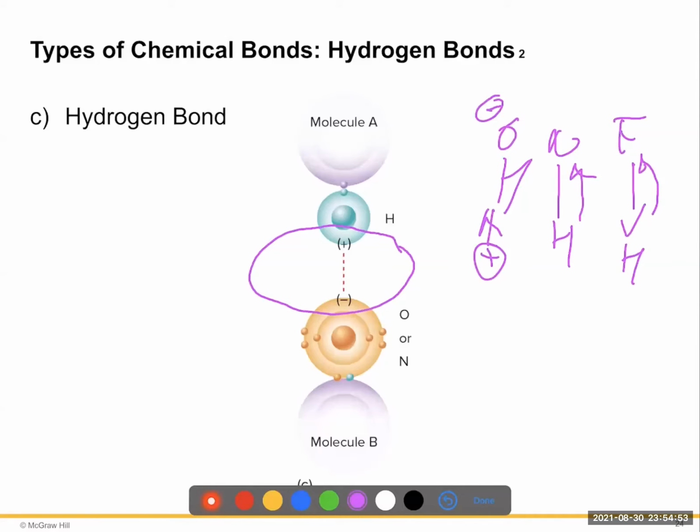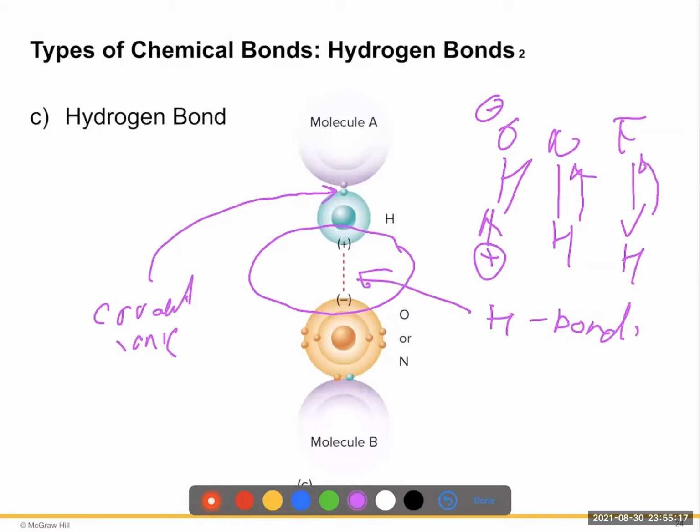So hydrogen bonds are what's called intermolecular. Covalent and ionic bonds are intramolecular, within the molecule. This is your covalent or ionic bond. This is your hydrogen bond between molecules.